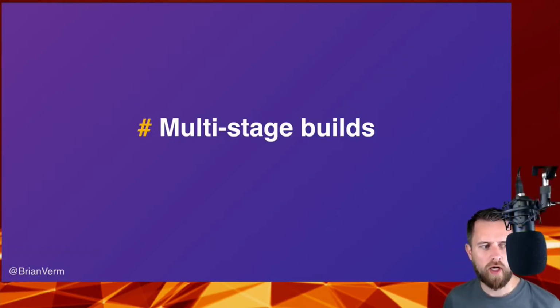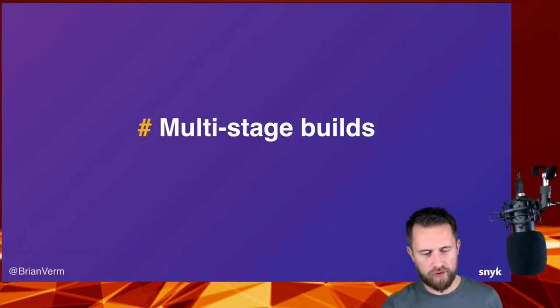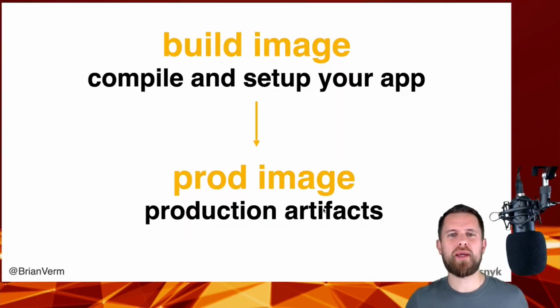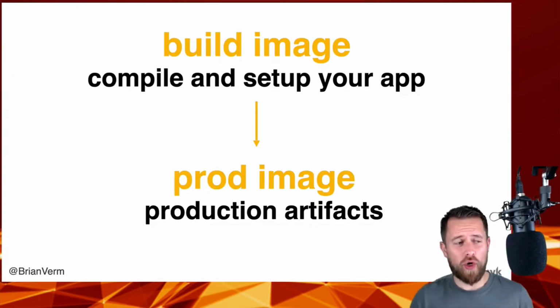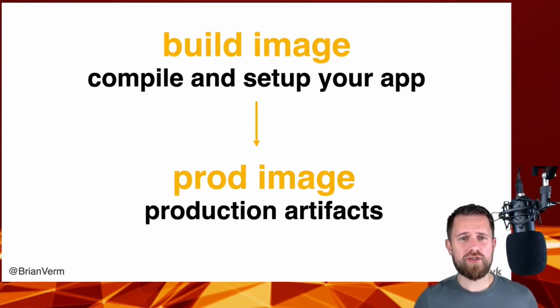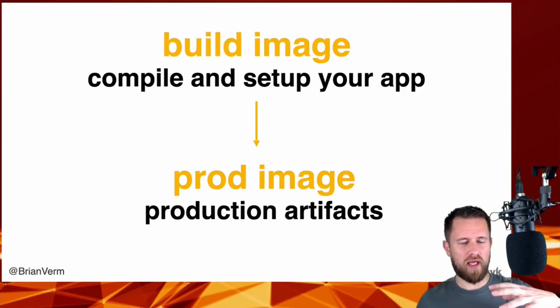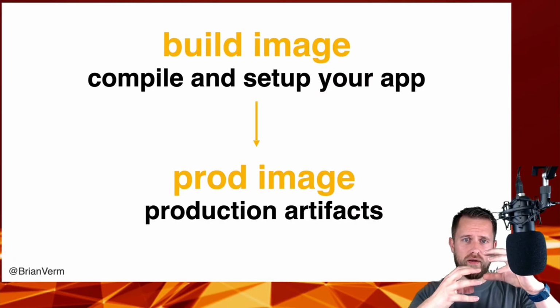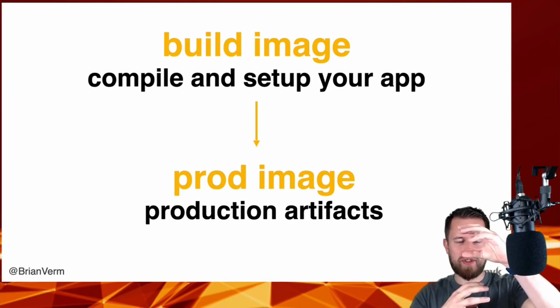The last thing I want to talk about is multi-stage builds. That is something that you can do in Docker, and it's very important because the build image is not always the production image. We tend to do all of the same things in the build image, although we can take the two out of each other.